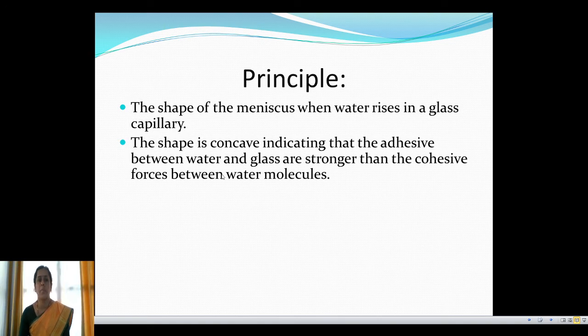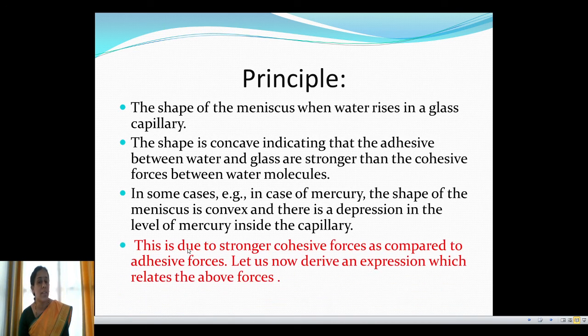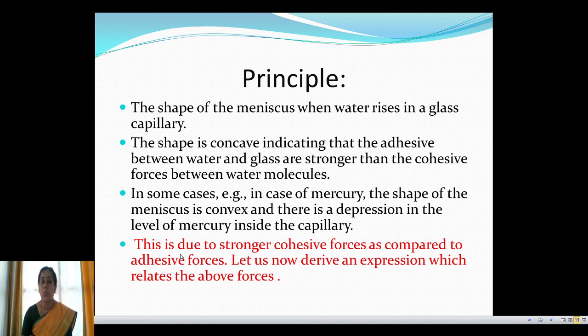In some cases, for example mercury, the shape of the meniscus is convex. That is, there is a depression in the level of mercury inside the capillary, which is due to stronger cohesive forces as compared to the adhesive forces.